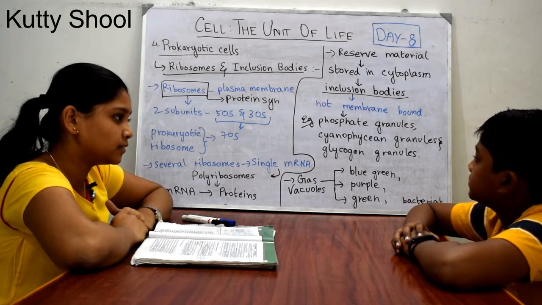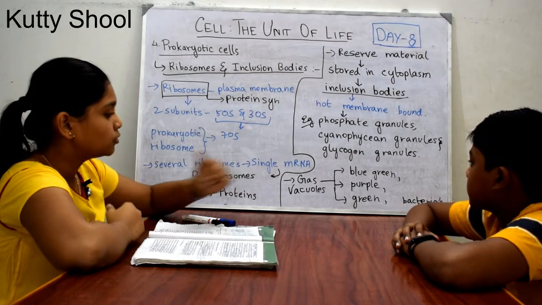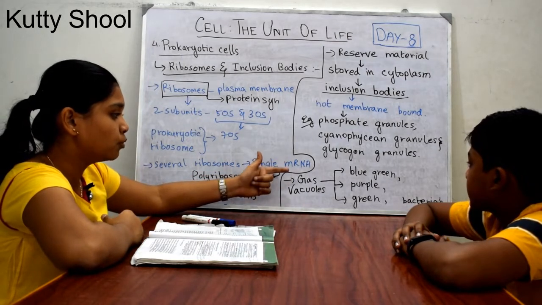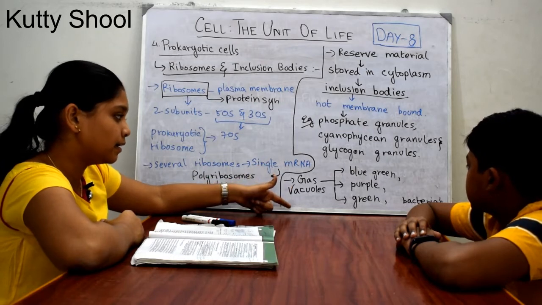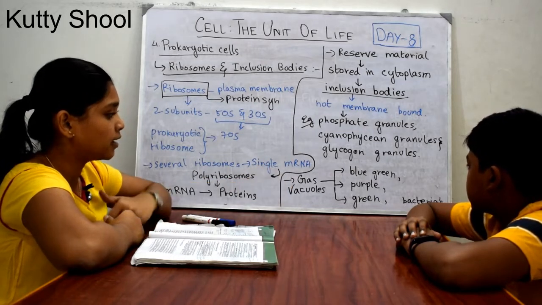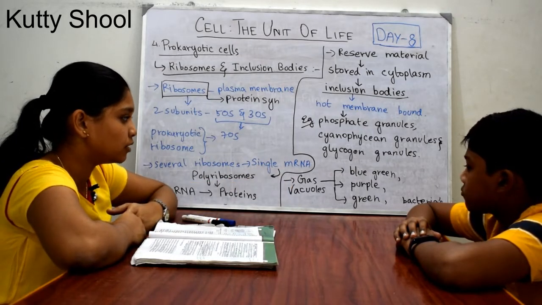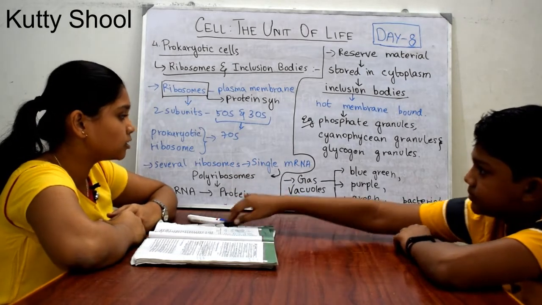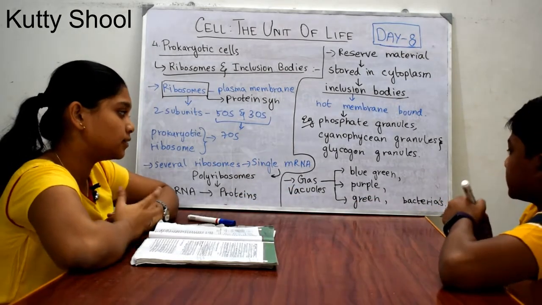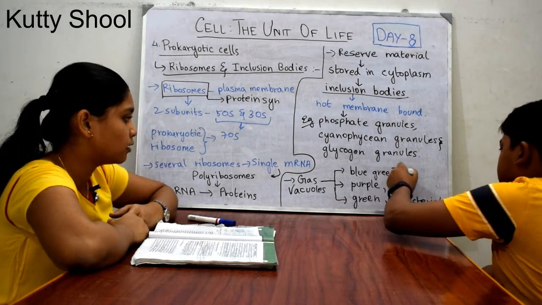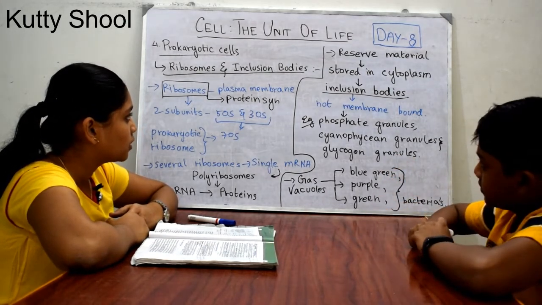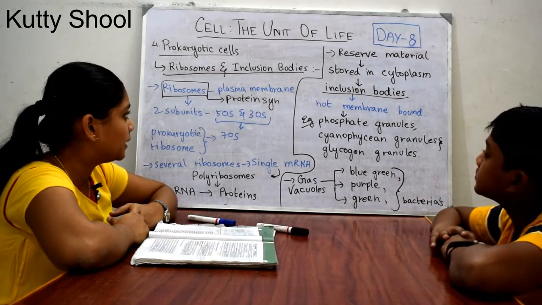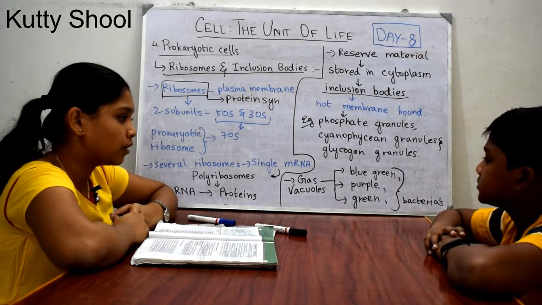Examples of these bacteria are blue-green bacteria, purple bacteria, and green bacteria. These three bacteria are photosynthetic, and they perform photosynthesis. So this is about ribosomes and inclusion bodies present in prokaryotic cells.